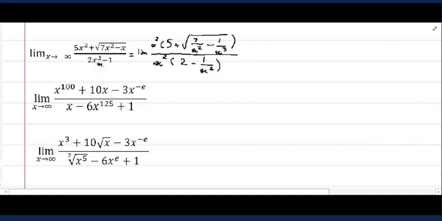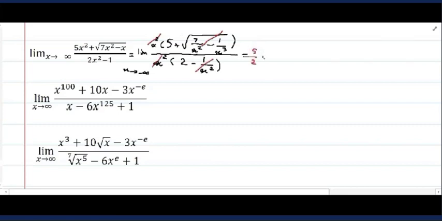So when x approaches minus infinity, 7 over infinity is 0, 1 over infinity is also 0, so I will have 5x^2 here and 2x^2 here, and 1 over infinity is 0, so here 0, 0. So I have 5x^2 over 2x^2, the x^2 cancel, and I get 5 over 2.